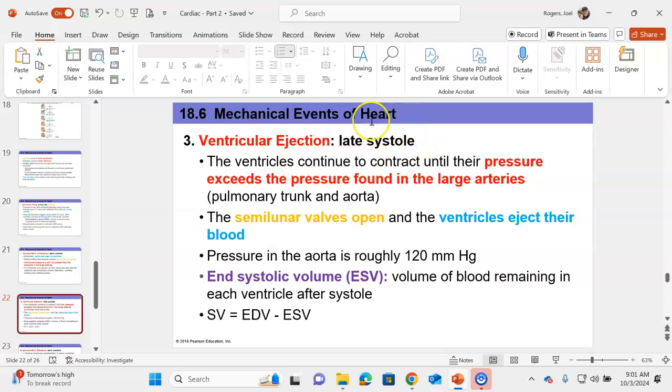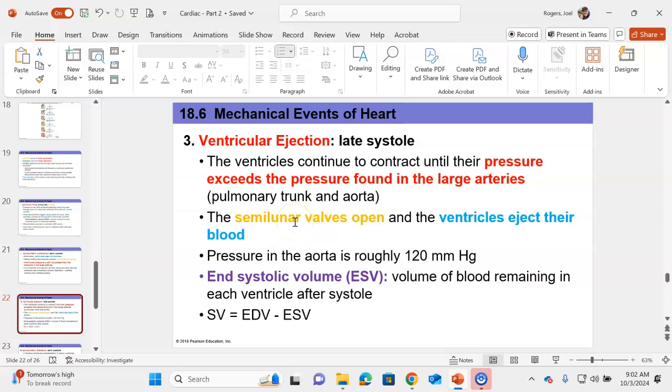All right, so we're still contracting, late systole. So the ventricular pressure is still rising because of them contracting. And now it gets to the point where ventricular pressure is higher than the pressure in the two great vessels, the trunk and the aorta. So what happens? When it finally exceeds the pressure in those big arteries, boom, the semilunar valves open.